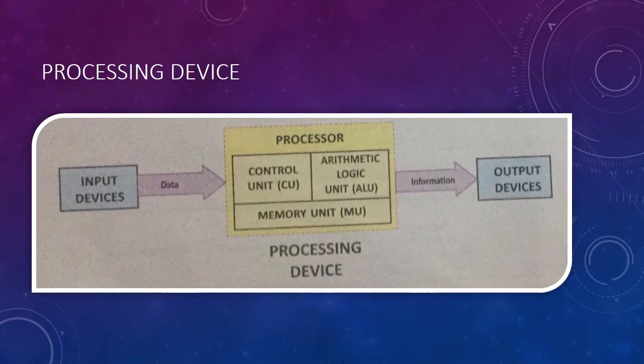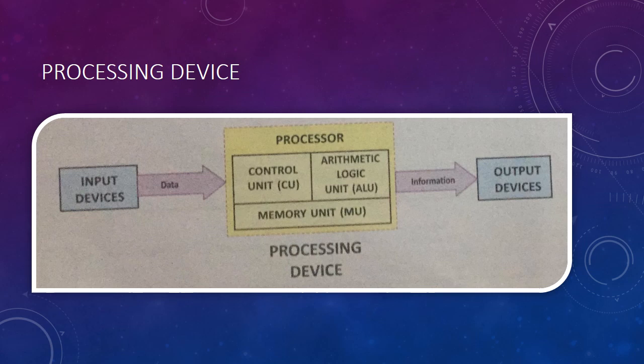We will have a look at the processing device. The processing device gets the data and instructions from input devices, and the computer processes the data and changes it into information. You remember the IPO cycle?